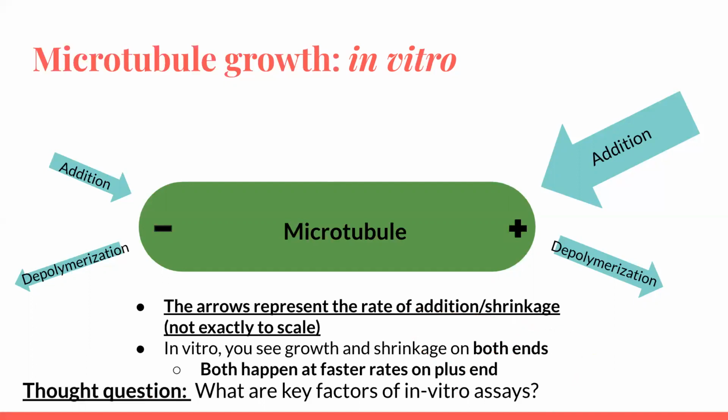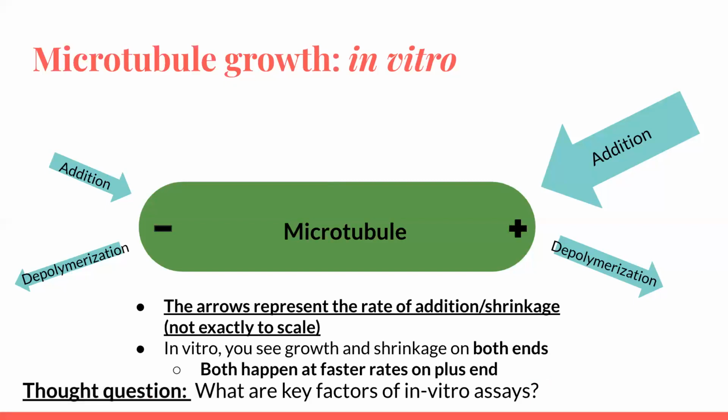Yep, that's definitely true if you want it to be physiologically relevant. But I'm thinking, for an experiment, what are the key factors that are only true in vitro and not in vivo?